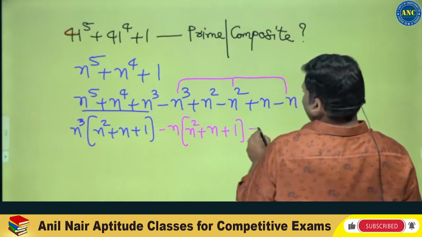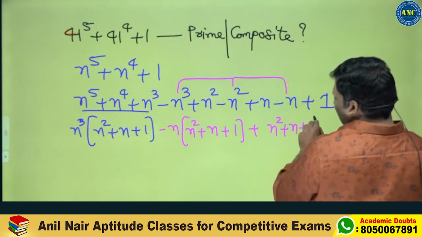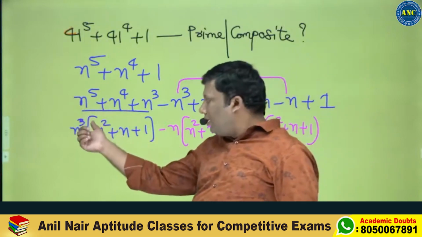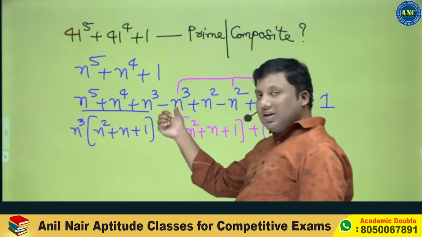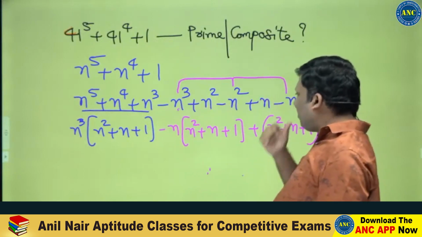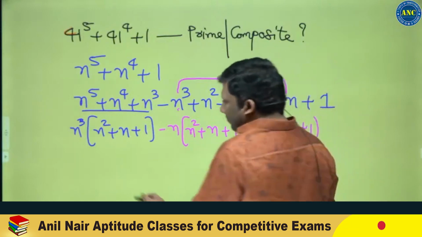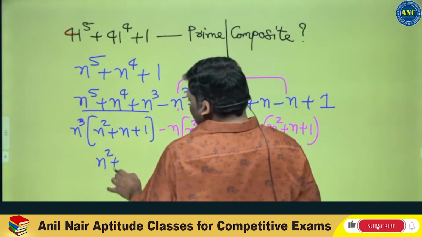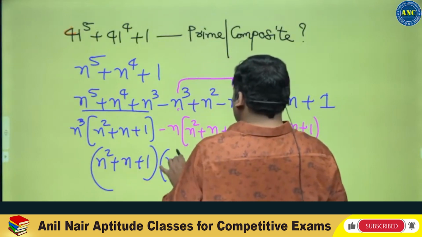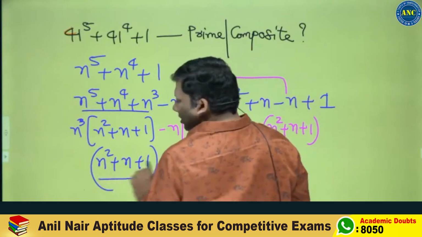Finally, it is n square plus n plus 1. Are you all with me? Now if you observe carefully, this is n square plus n plus 1 into n cube minus n plus 1.